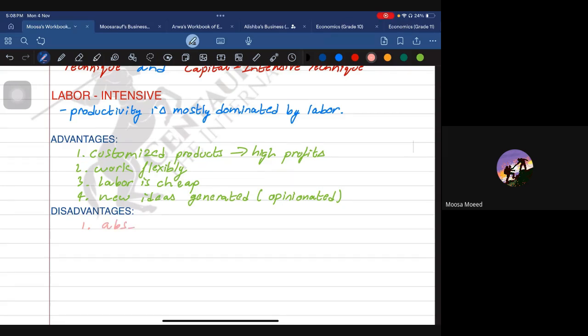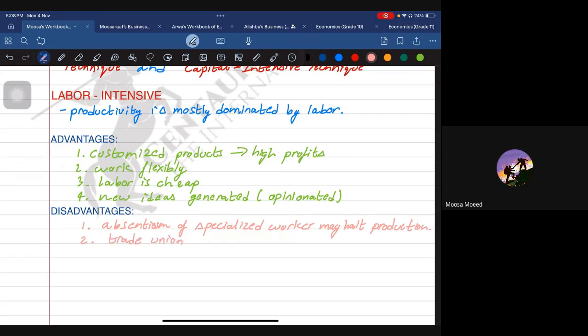So absenteeism of specialized workers may halt production. Very good point. Then they can form trade unions.